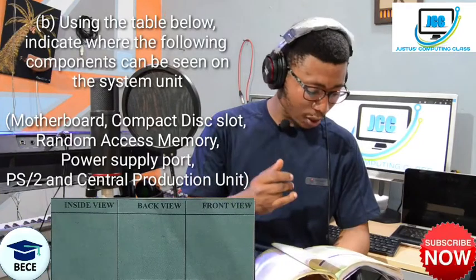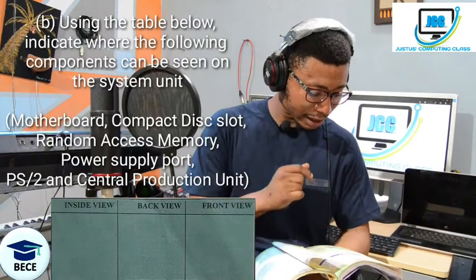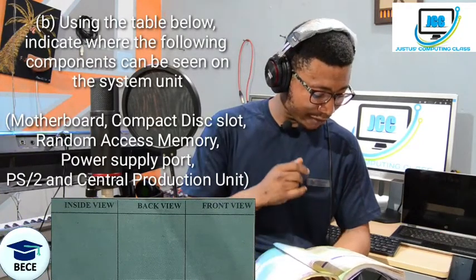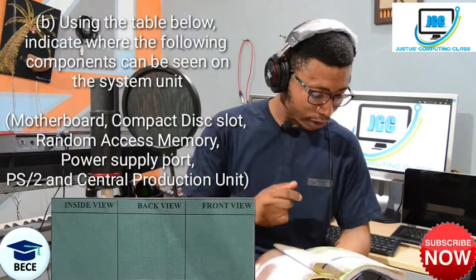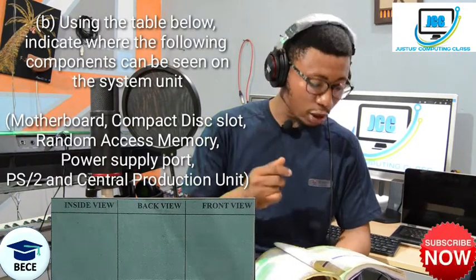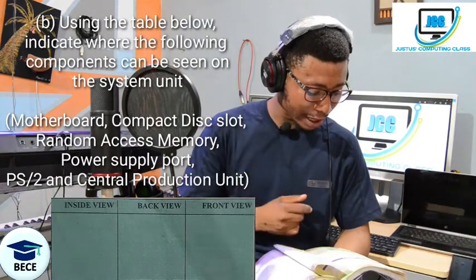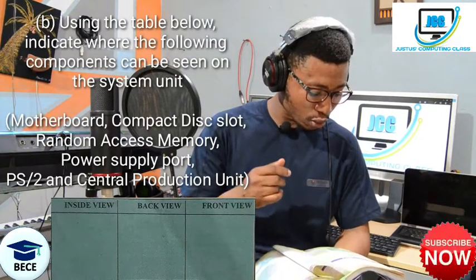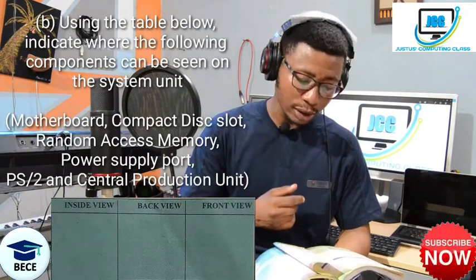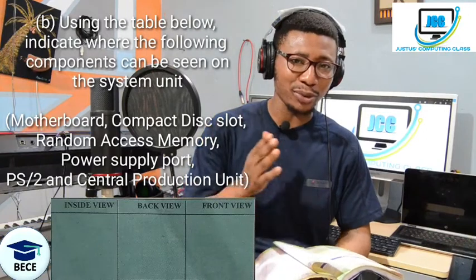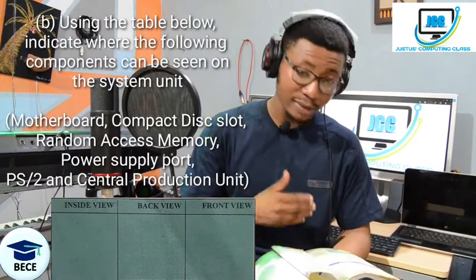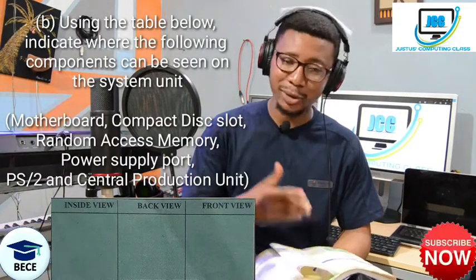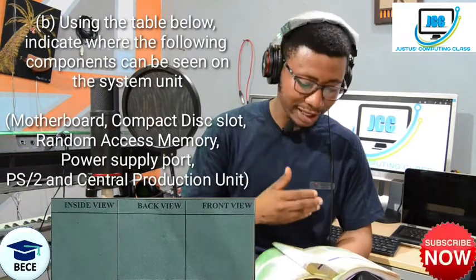The listed components here are the motherboard, the compact disk slot, the random access memory, the power supply port, the PS2 and the central processing unit. I know you are thinking of how to put them together as I'm mentioning them, but let me also take you through so that you get it correct and right.